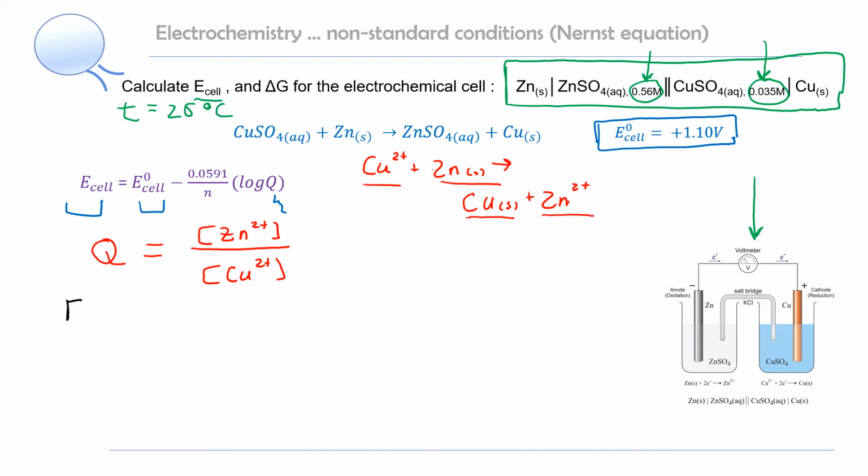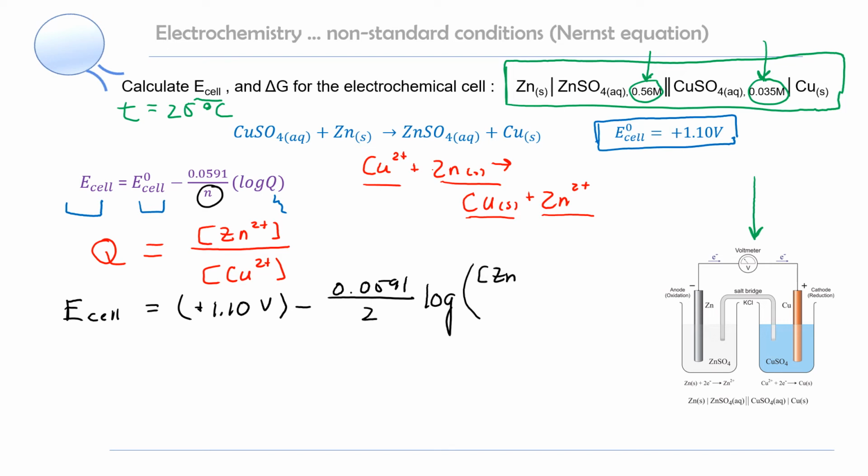So my cell potential under these conditions is going to be that under standard conditions, that I know, 1.10 volts minus 0.0591 over n, where n is the moles of electrons exchanged. I know that's 2 moles. And I go log base 10 and I plug in Q. Q is the concentration of my zinc ions, first exponent, over the concentration of my copper ions.